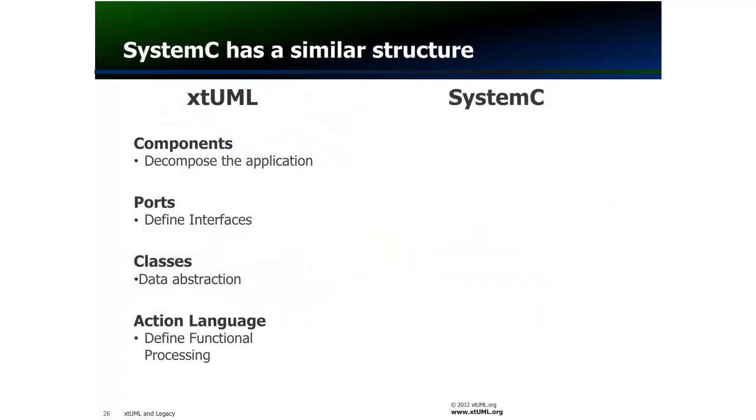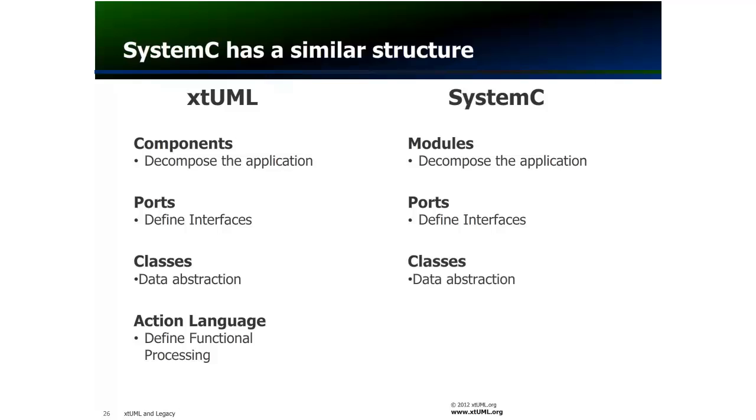With SystemC, the structure of the virtual platform is very similar to the structure of the xtUML executable model. For components, the matching structure is the SystemC module. Similarly, both approaches use ports and interfaces to define the messages that pass between domains, and classes to hold data structures and processing.